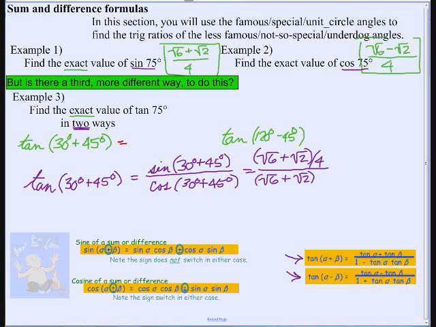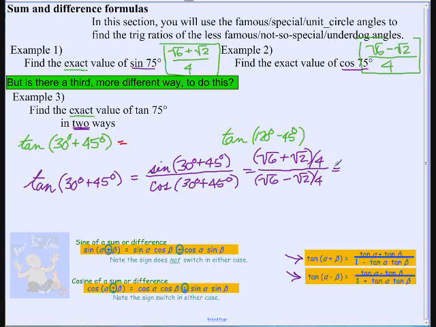Oops, not plus, it's minus. Cosine was minus. Now, both the numerator and the denominator have 1/4 in them, don't they?